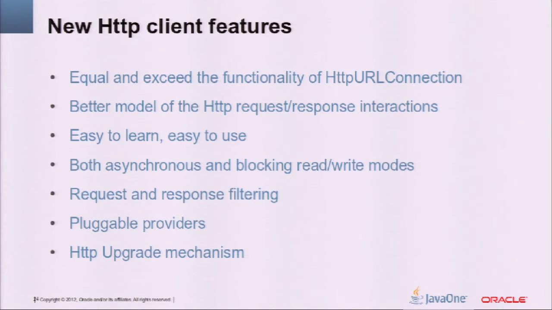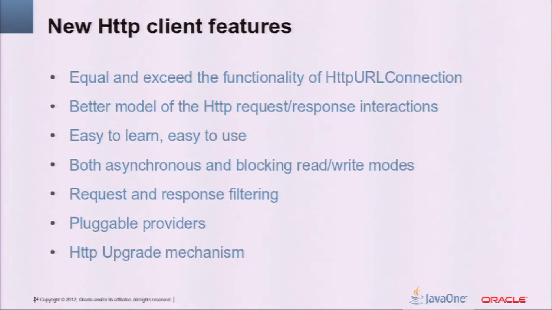These are the sort of classic drawbacks of the HttpURLConnection class. To provide more modes of operation, different ways of sending messages asynchronously, receiving messages, receiving payloads in different formats, and so on.